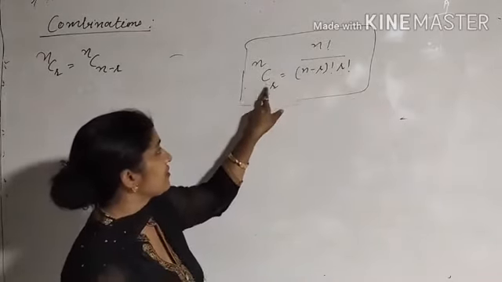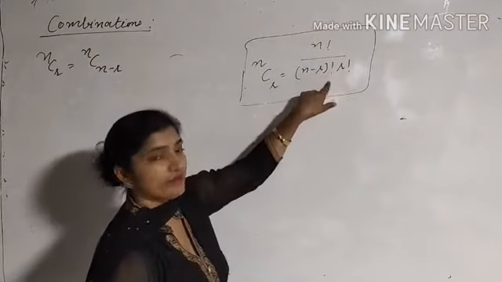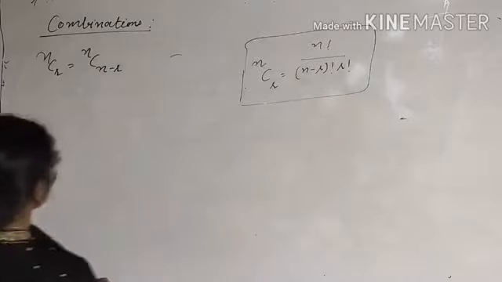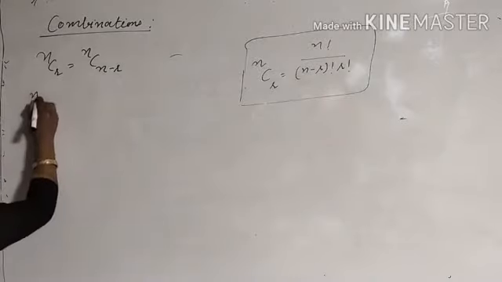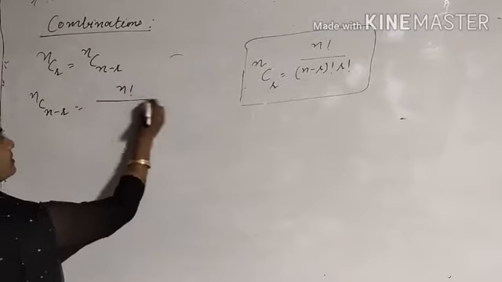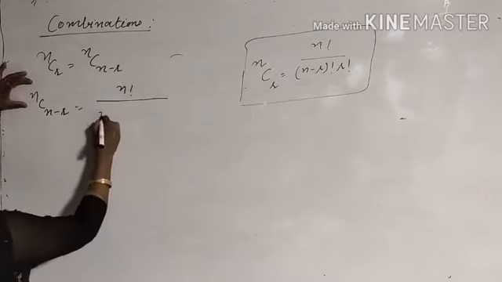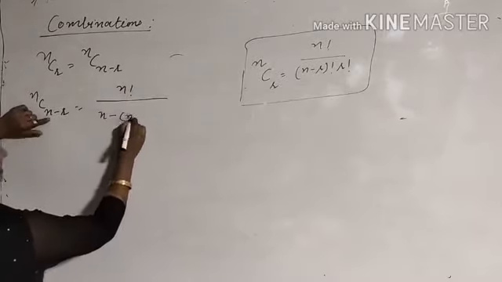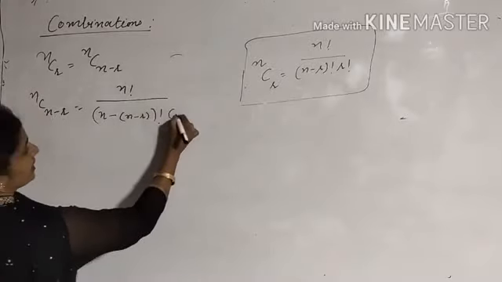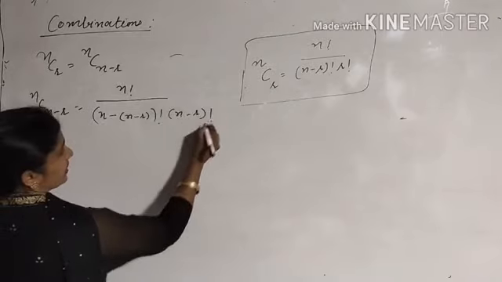So from the right hand side, NC n minus R is n factorial upon n minus R factorial into n minus n plus R factorial.